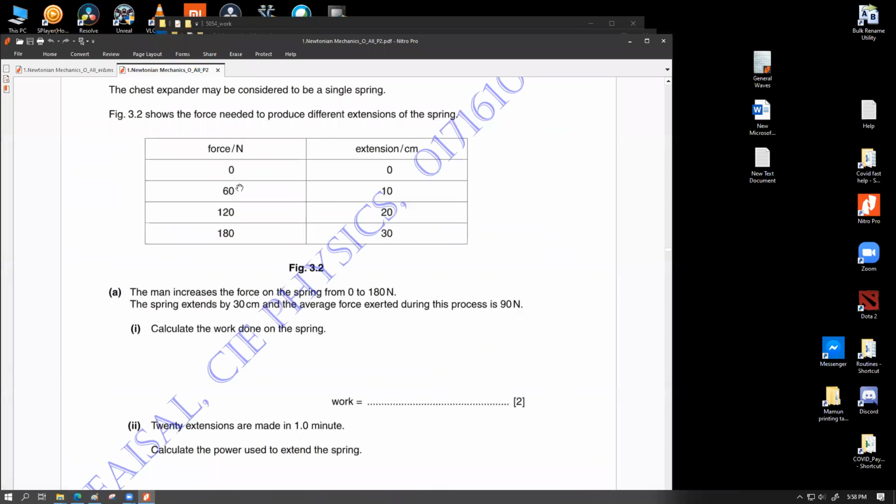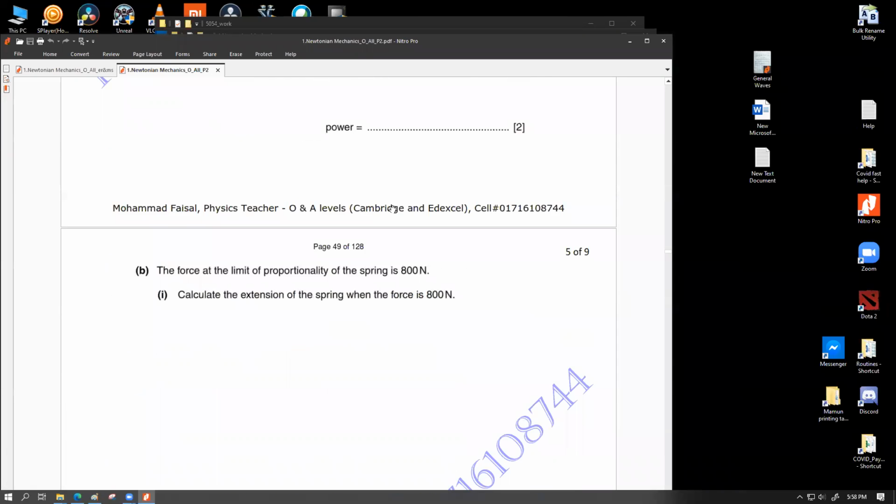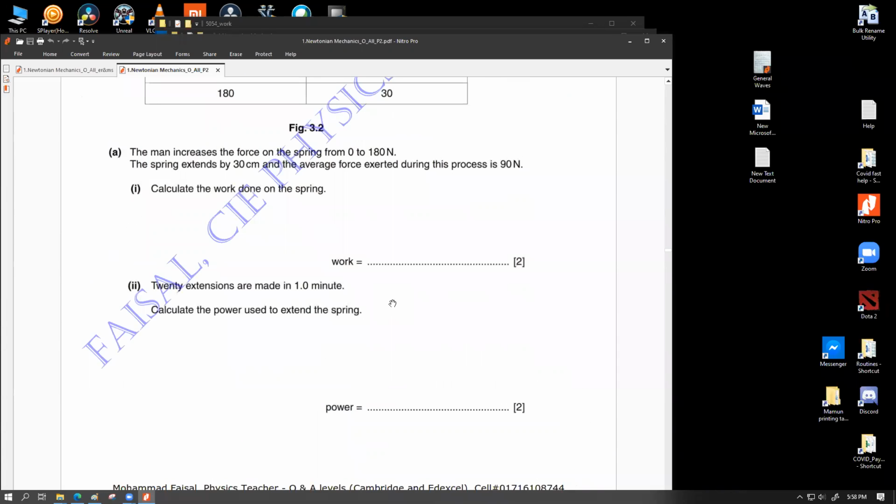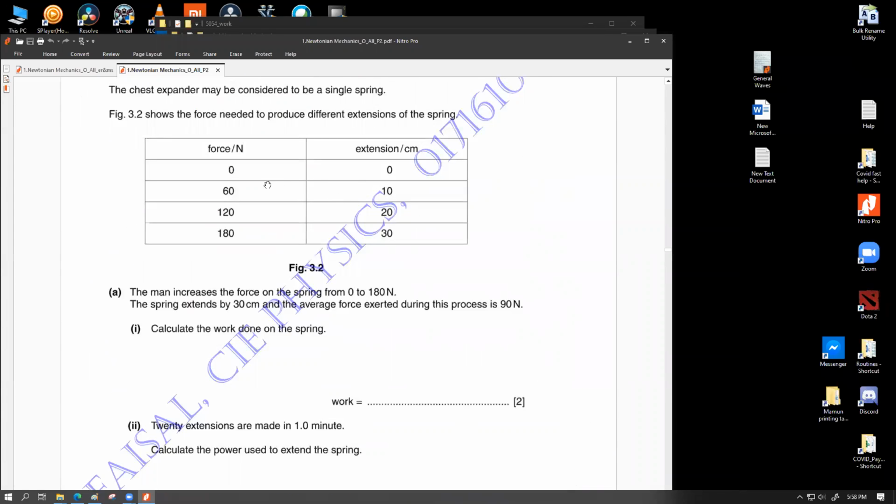So for every 60 Newton of additional force, you would have 10 centimeter of additional extension. That's the behavior within the limit of proportionality. But now, because we extend the spring up to 860 Newton, which is beyond the limit of proportionality, the spring has become easier to expand. That's why the additional extension should be more than 10 centimeters. So I just picked up this value from here. That's one way to go for it.